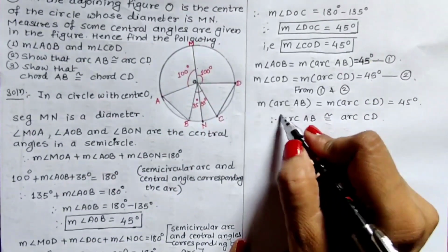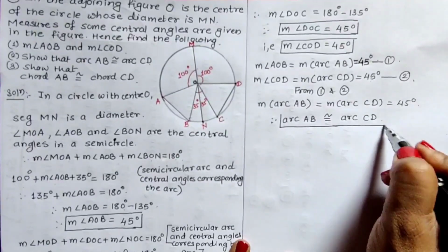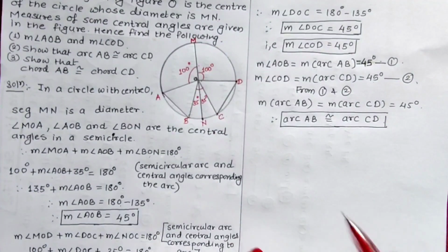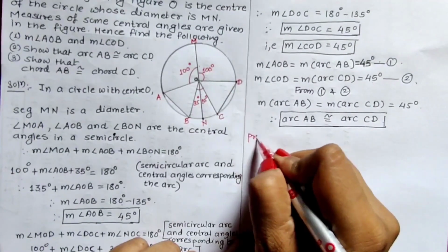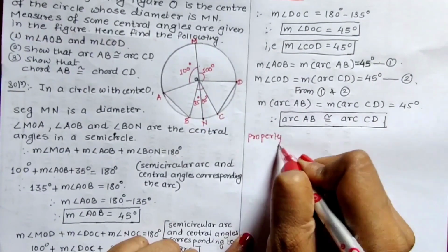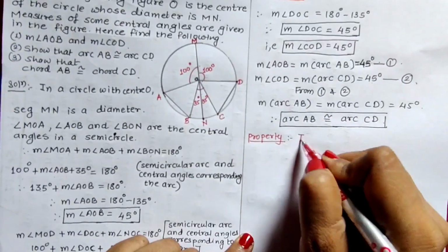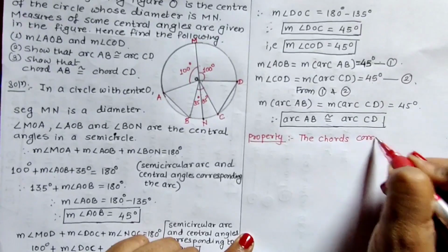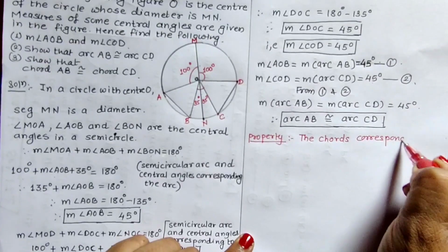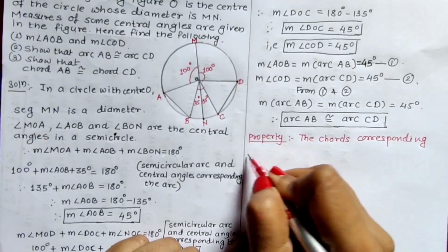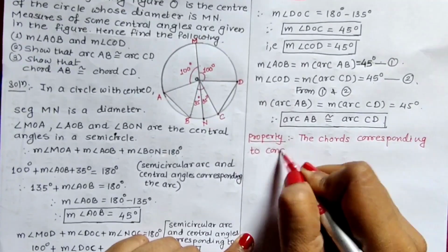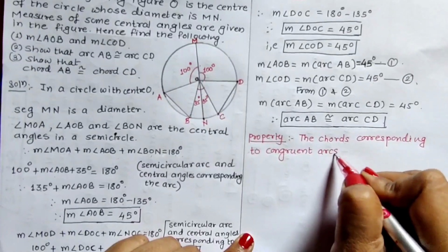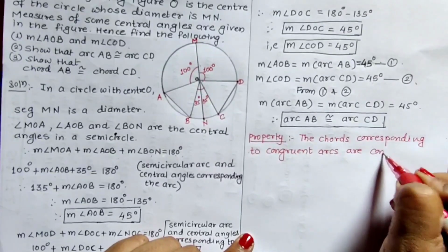Now let us see the third part. Now see children, we all know one property. What is that property? The chords corresponding to congruent arcs are congruent.